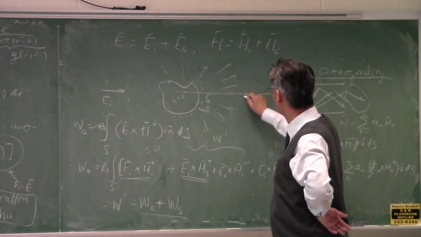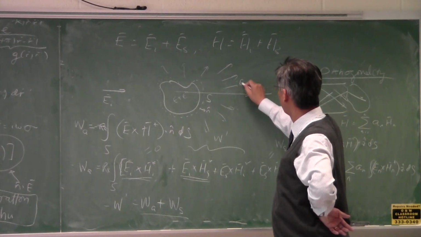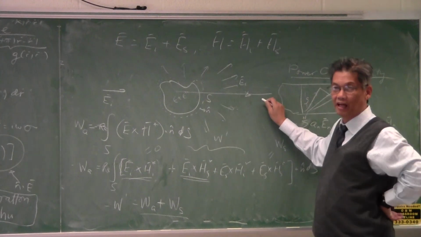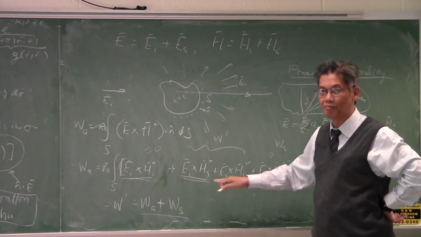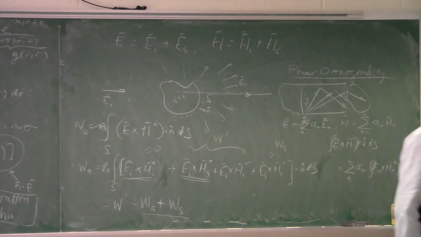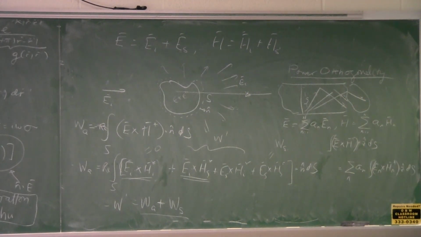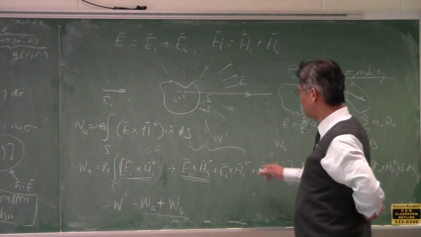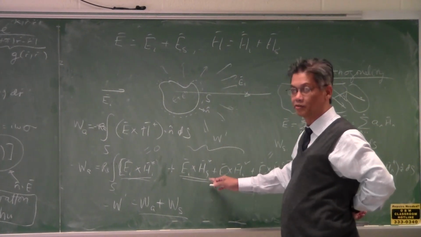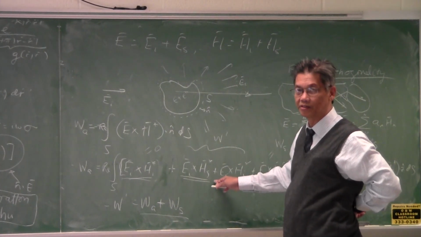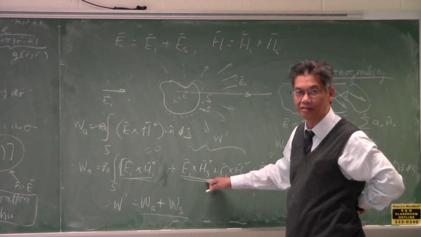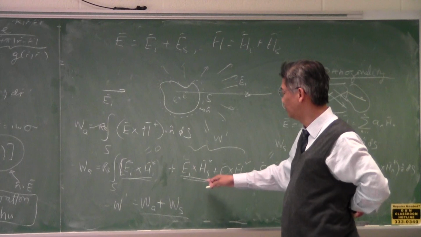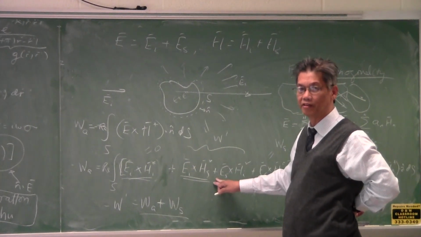But there's one where the scattered wave k vector aligns with that of its incident field. Only that part of the scattered field is important. That is, energy can transfer from the incident field to the scattered field only through that interaction, where these two are phase matched. It's almost like the concept of phase matching. If you want to transfer energy from the incident field to the scattered field, they have to be phase matched.